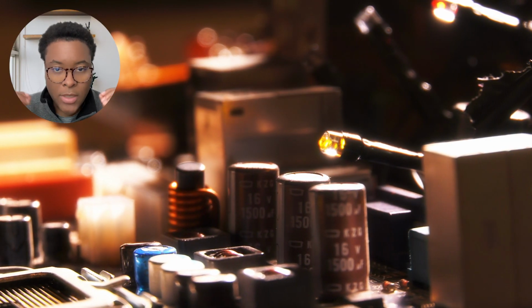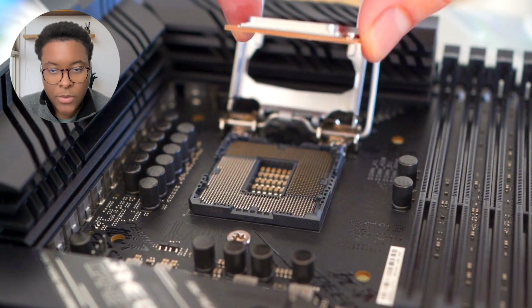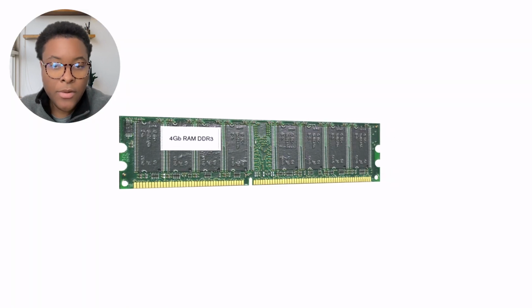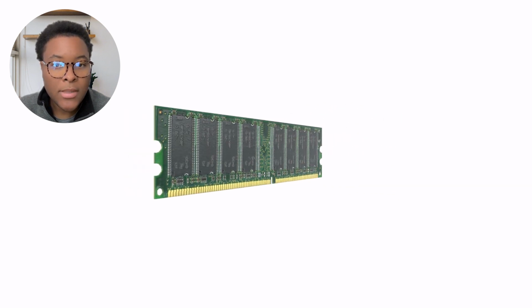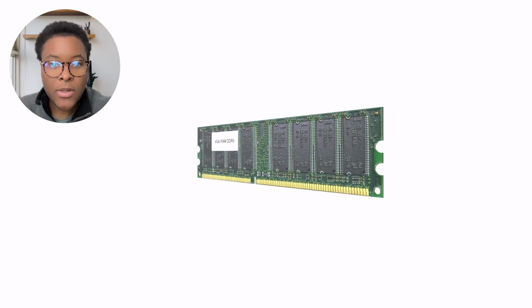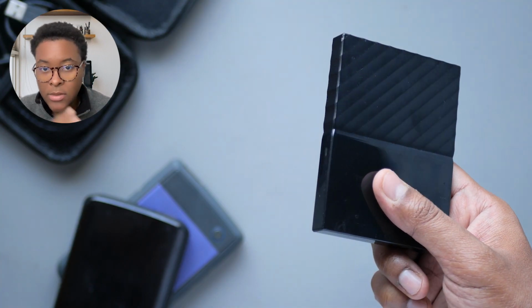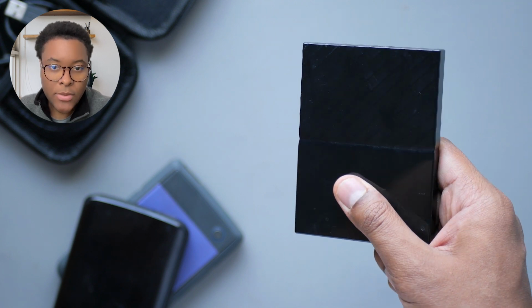Now, here is a quick summary of today's lesson. The CPU executes instructions and performs calculation. Random access memory, RAM, temporarily stores data and machine code for quick access by the CPU. Permanent storage devices such as hard drives and solid-state drives store data permanently for later use.